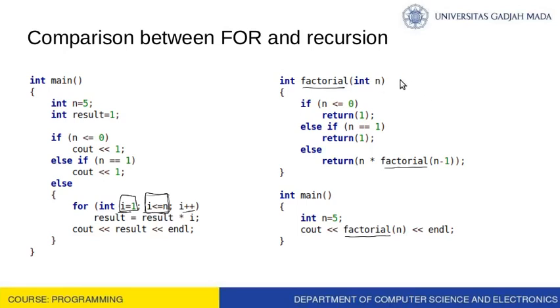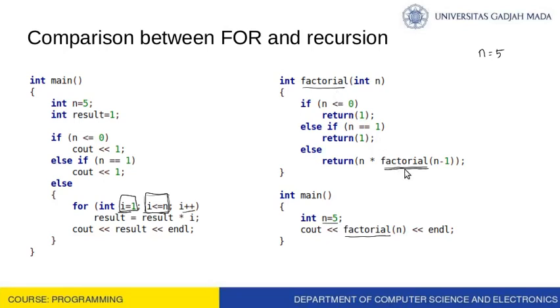If you see in this recursion, then what is the initial? The initial is n equal to 5. So we will start from n equal to 5. And then how the iteration will go. You can see here that the iteration will go when we call a function inside of a function.